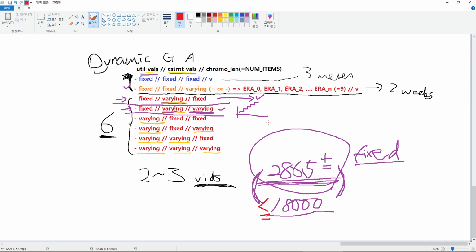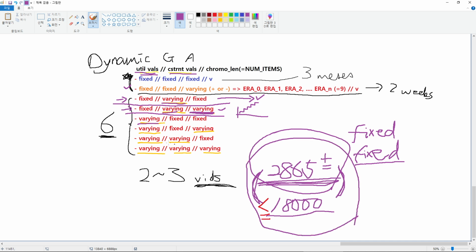Yeah, and for this one, same thing, but I'm going to repeat myself. The utility values are set to vary, but when everything is done, the utility values will be fixed again to find entities that meet these conditions.